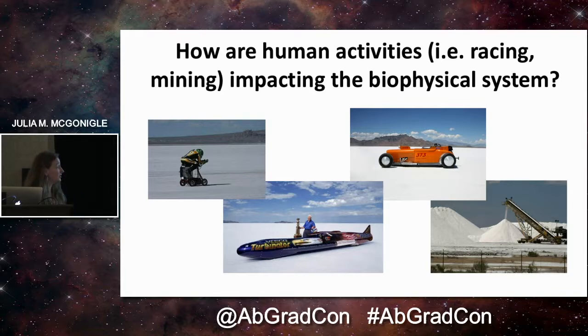The highest speeds on land have occurred here, and also the highest speeds on a bar stool. We also have mining processes going on there. They pump out the underground water into evaporating ponds and then sell that as table salt. So you might be eating salt from Utah with your dinner tonight.